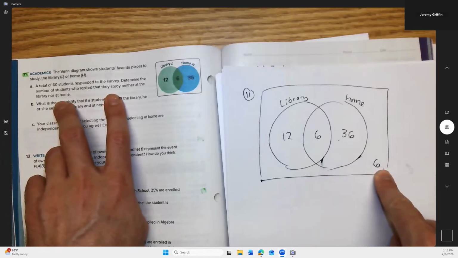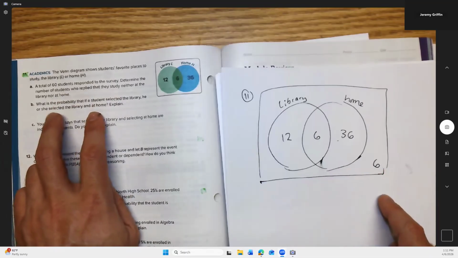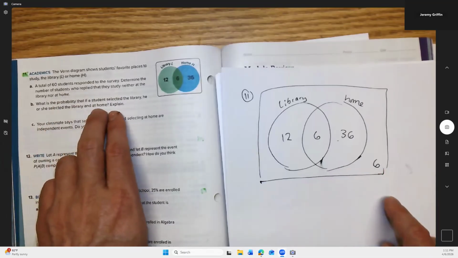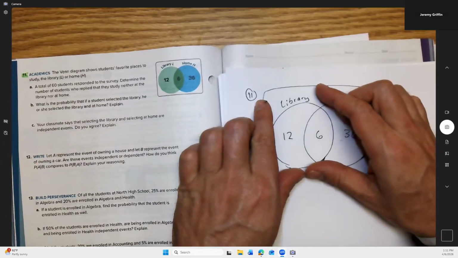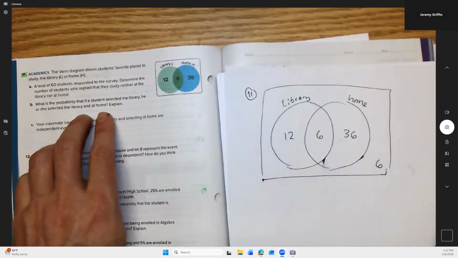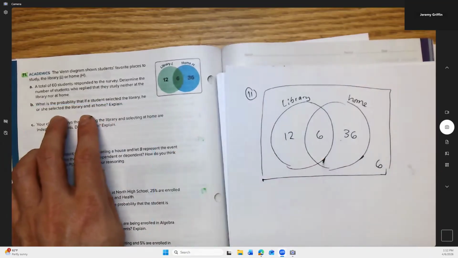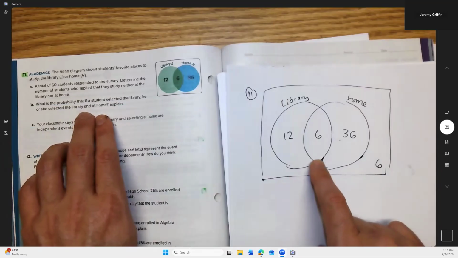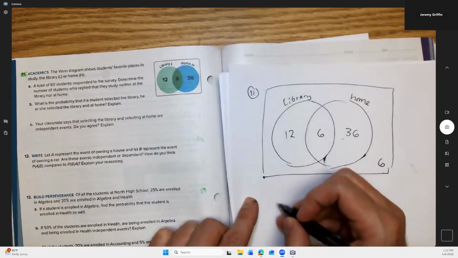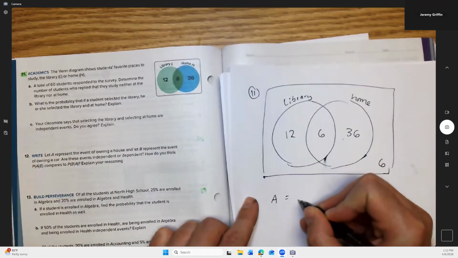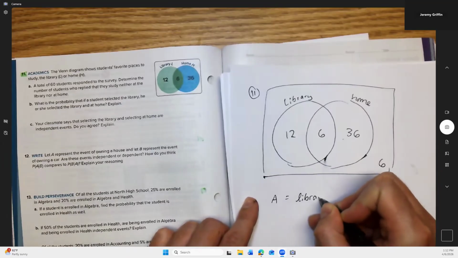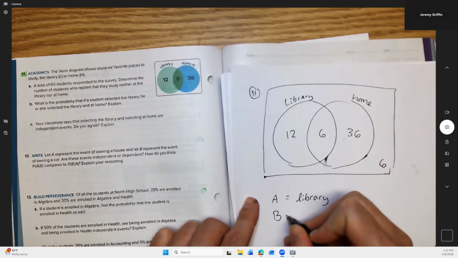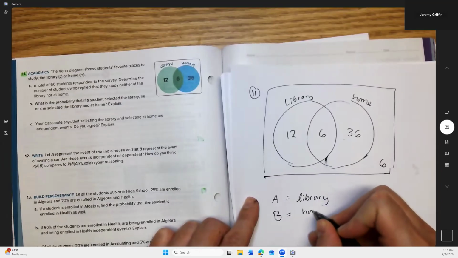Okay, question B: what's the probability that a student selected the library, which is now narrowed down to these 18 students, studied at home? Let's call event A library and B we'll call home.